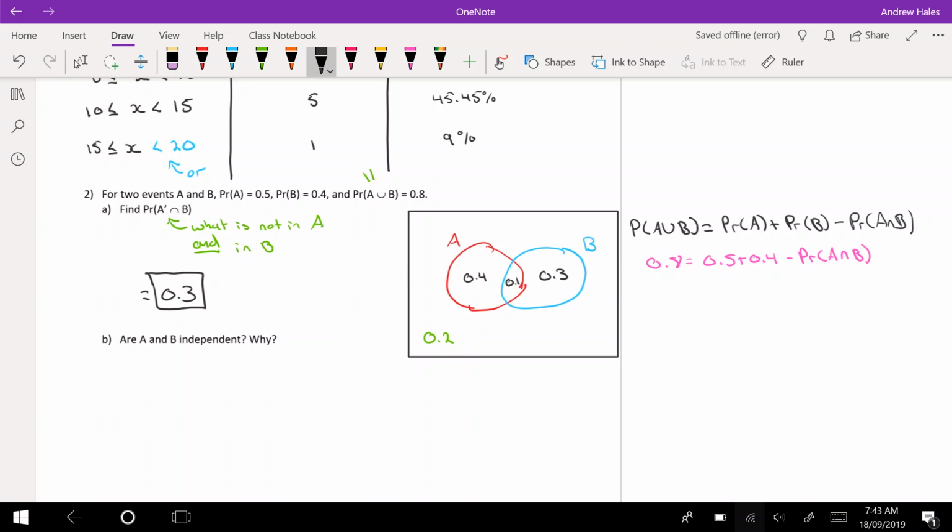Are A and B independent? Remember, if A and B are independent, that means that the probability of A equals the probability of A given B. Well, the probability of A is 0.5.